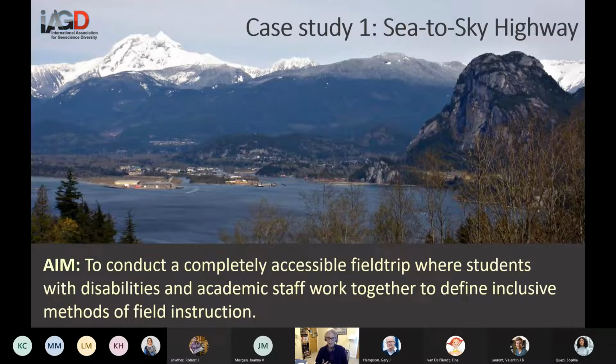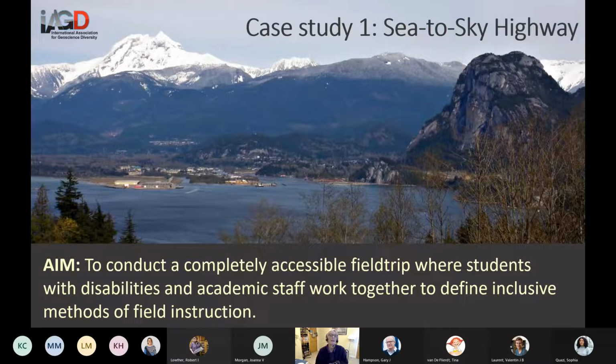And what Brett did in collaboration with the International Association for Geoscience Diversity is to take this one-day field trip and then modify it to make it accessible for students with a range of disabilities. So this is an example of taking something that already exists, looking at the cohort of students that are going to be participating, and then thinking about what adjustments and modifications need to be made in order to make it inclusive for those students.